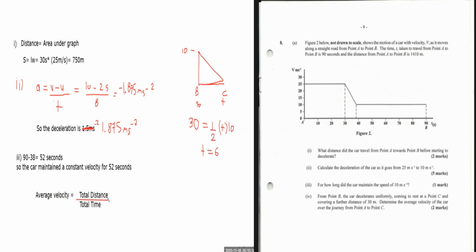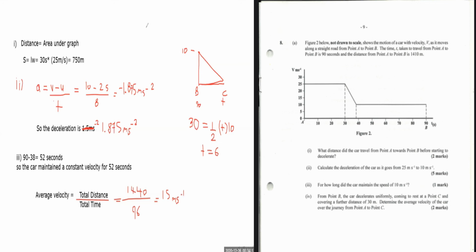And the total distance is add the 30 to the 1410. So the total distance is just equal to 1440 divided by the total time to cover this, which is 96 seconds. And so that is equal to the average speed. 1440 divided by 96, that's 15. So the average speed is 15 meters per second.